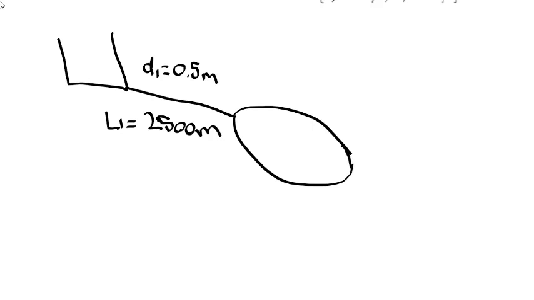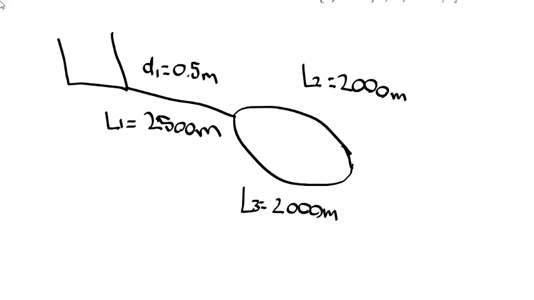We have them joining there, and both of them are 2 kilometers long. Let's call this L2 and this one L3. This one is 2,000 meters and this one is 2,000 meters.